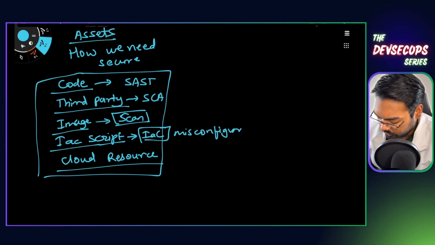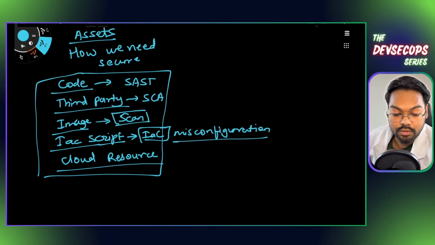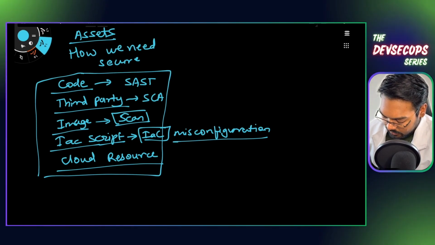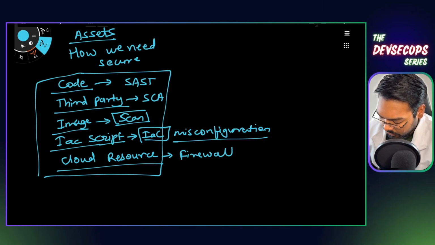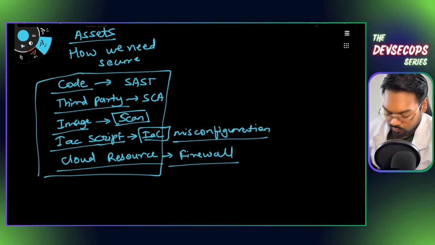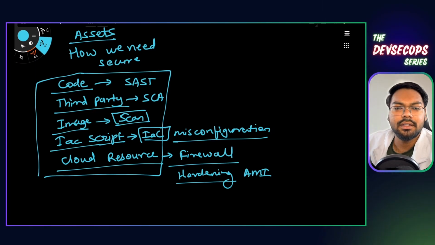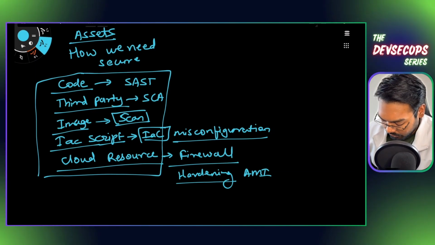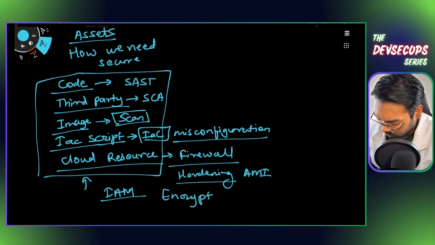Misconfigurations are to be found out from the infrastructure as code scripts that you write. And then for cloud resources, you might be using networks. For that, we have firewalls. We have to do the hardening of your AMIs, whatever you are using, and a bunch of different things go around for cloud security, whether it be IAM or data encryption.